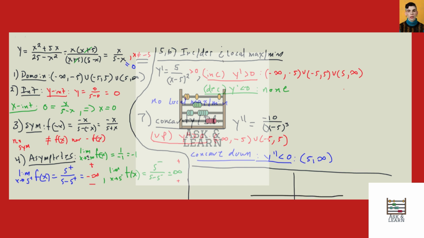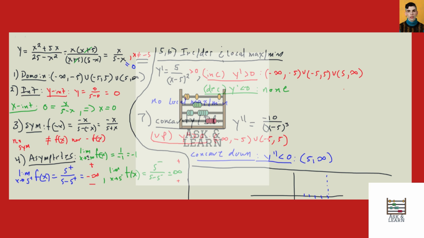All right, so let's go ahead and plot our asymptotes first. So we know at x is equal to 5, we should have a vertical asymptote. And at y is equal to negative 1, we're going to have a horizontal asymptote.